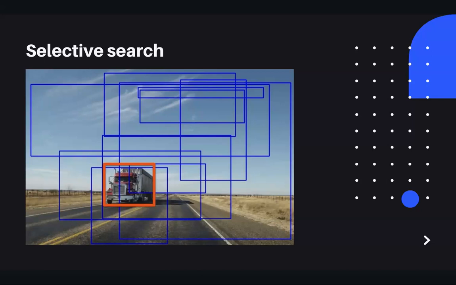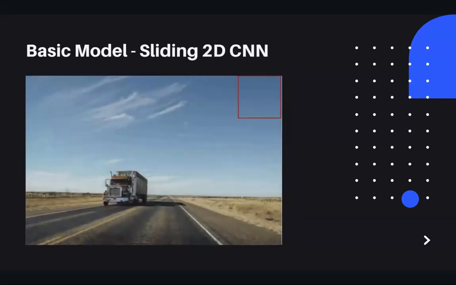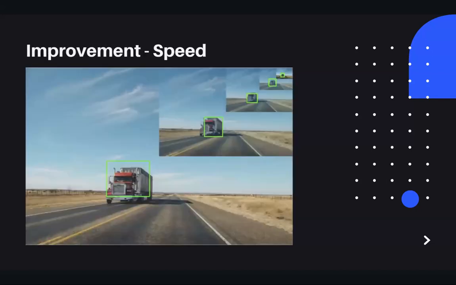Some objects might be rectangular, some horizontal and long, some vertically long, some others might be circles or triangles. So there are different shapes of objects, and forcing the size of this red window on all of them is not going to work.